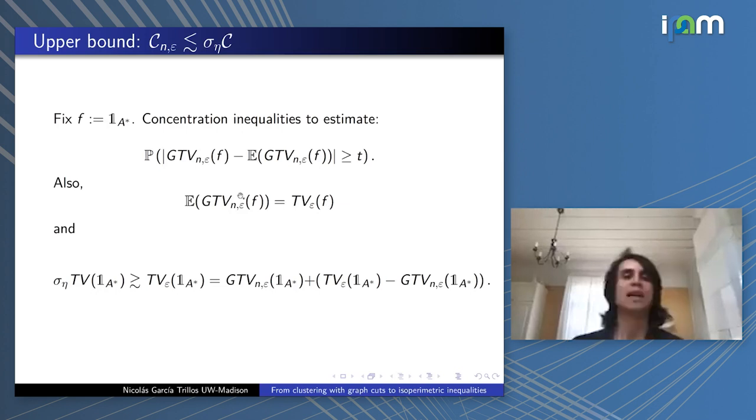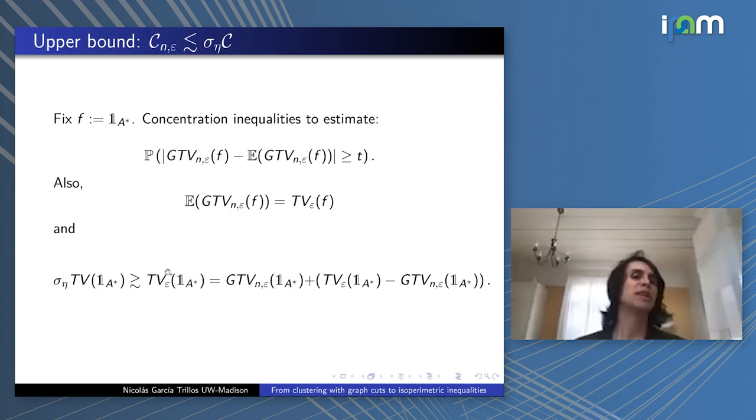So it's basically what would be the expectation of this graph total variation. For that specific function, one can use this concentration inequality, and one can get pretty good bounds of how close this random variable is from its expectation. And then we can use a little bit of analysis and say that when I take the total variation of that minimizer, that's going to be greater than this non-local total variation.